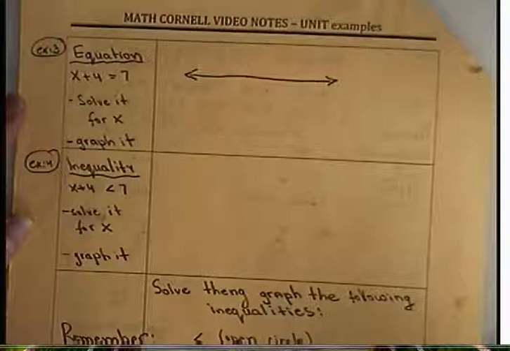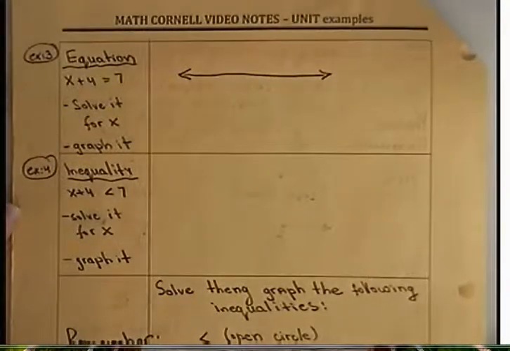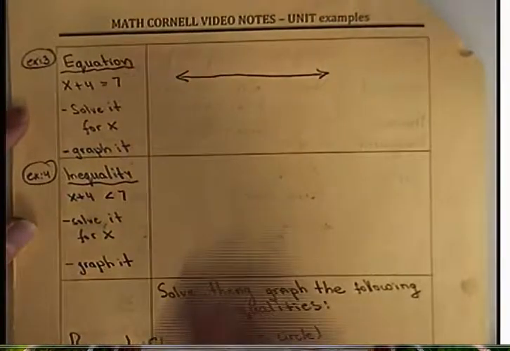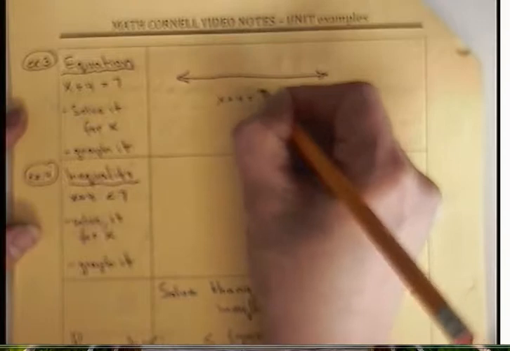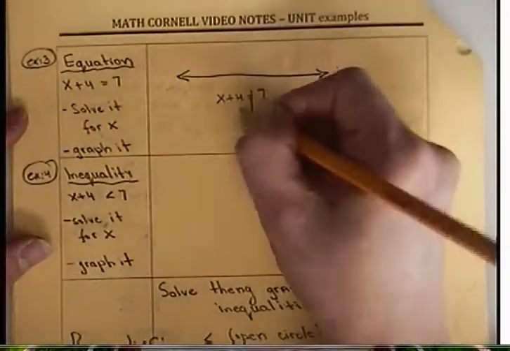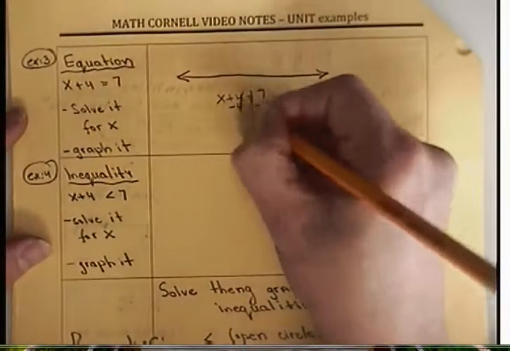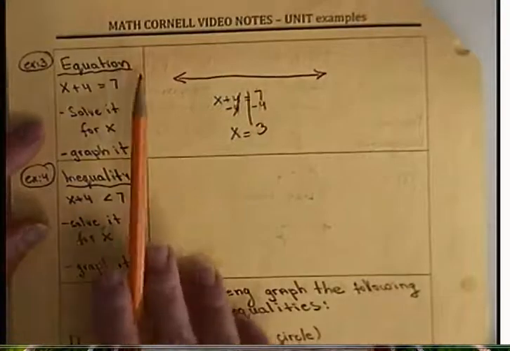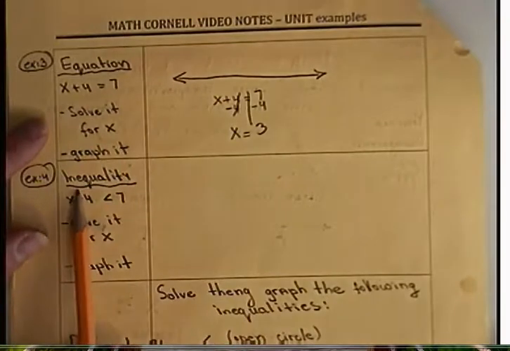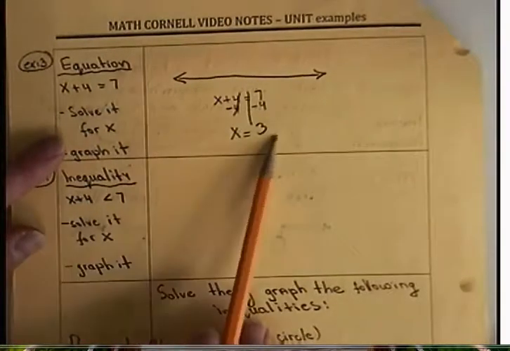Then we have the equation x plus 4 equals 7. Solve it for x and then graph it. Okay, let's solve it. x plus 4 equals 7. If I subtract 4 from both sides, I will get x equals 3. Now notice that this is what we call an equation, not an inequality, because I have an equal sign.